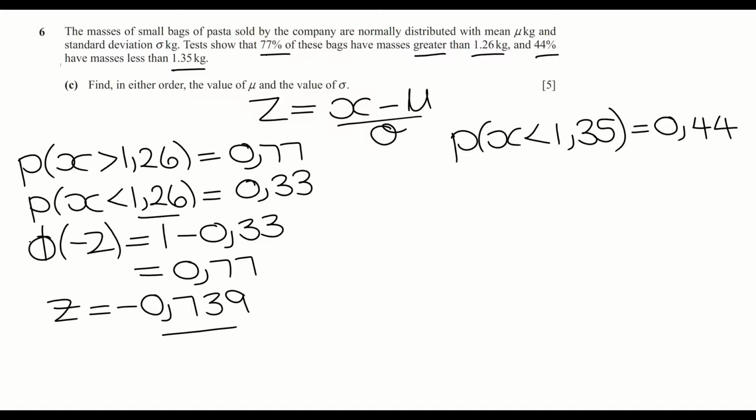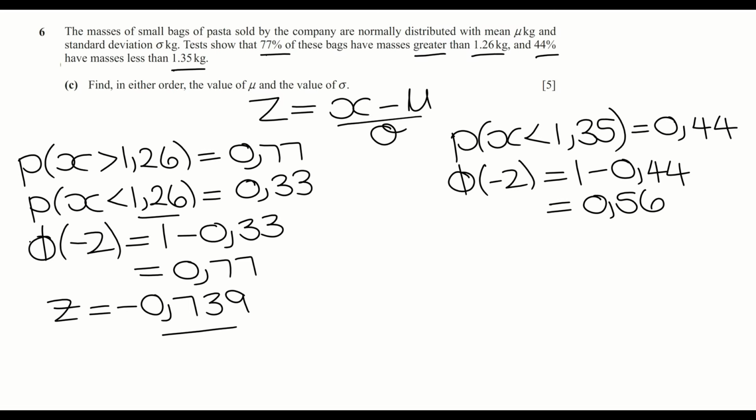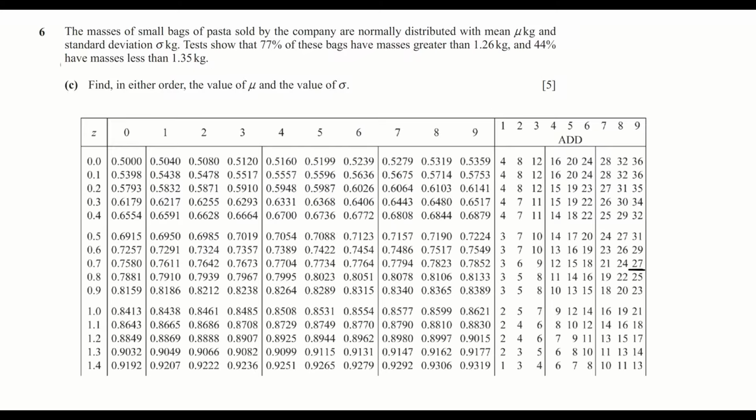So again, our z value will be negative. So I can say the probability of negative z is going to be equal to 1 minus 0,44, which is equal to 0,56. And now I need to find 0,56 in my normal distribution table.